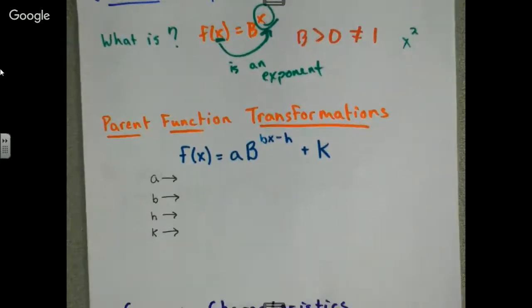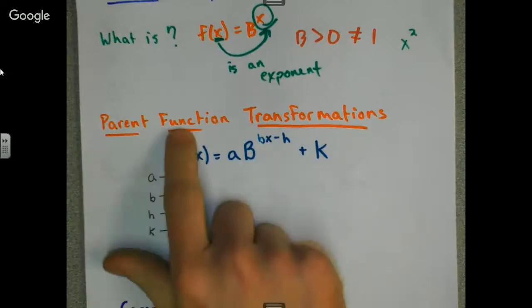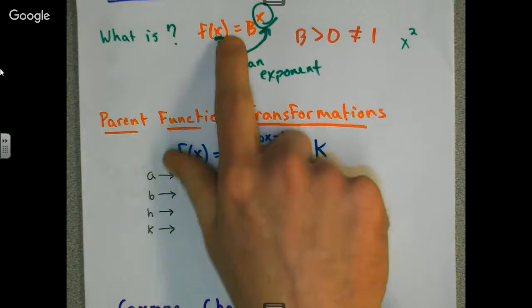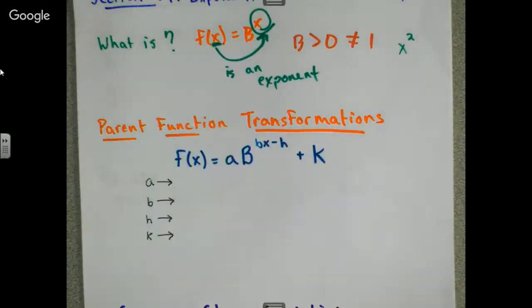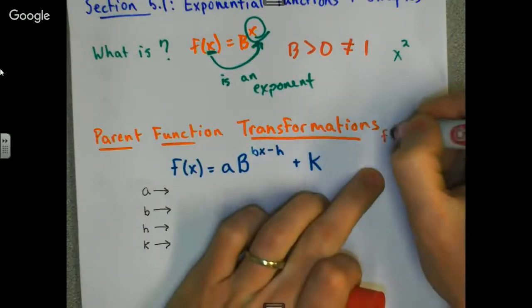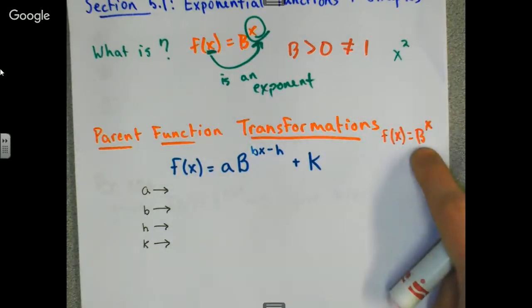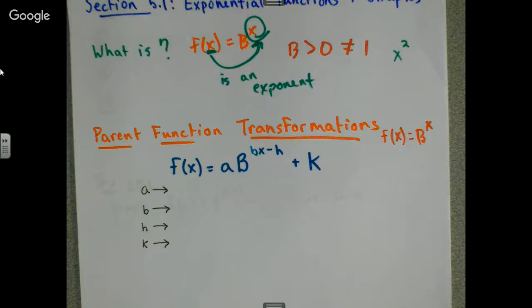Okay. Before, we talked about parent functions and transformations of parent functions. So this up here is my parent function. My parent function is f of x equals b to the x, and this capital B just represents my base number. It can be any number, but it is my base.